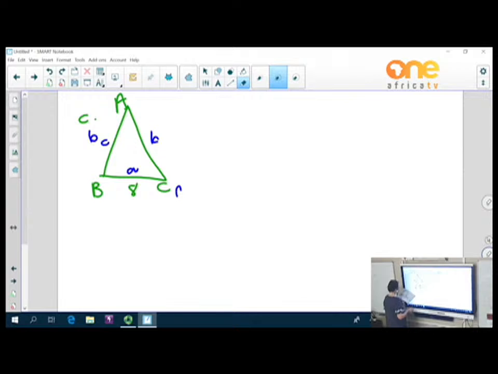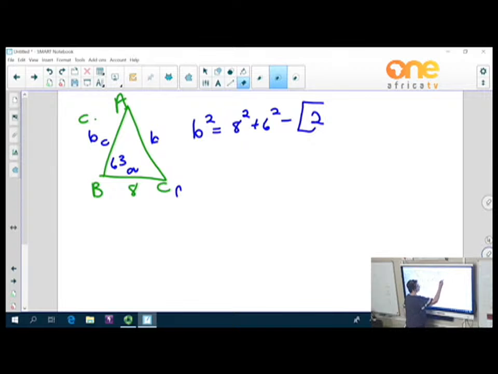So there's the 6. And angle B is 63 degrees. Again, 2 sides and the included angle, you want the third side there. Find that B. So B squared is equal to 8 squared plus 6 squared minus 2 times 8 times 6 cosine 63 degrees.